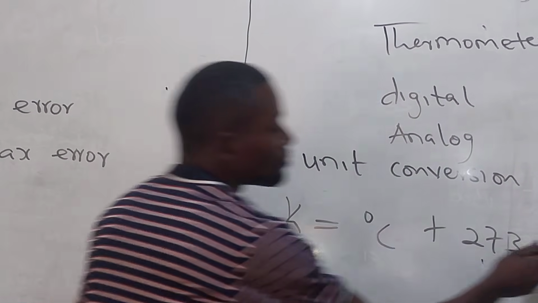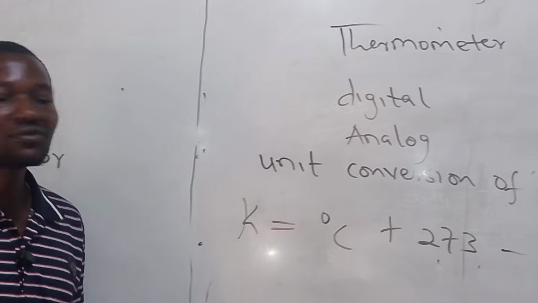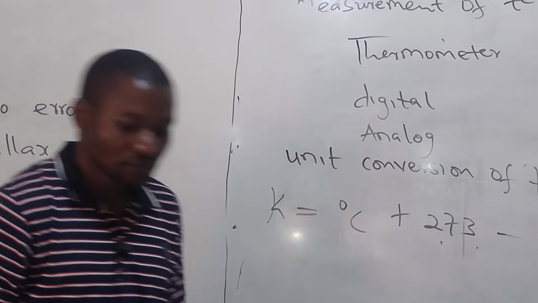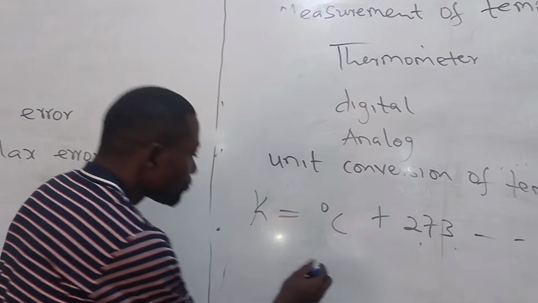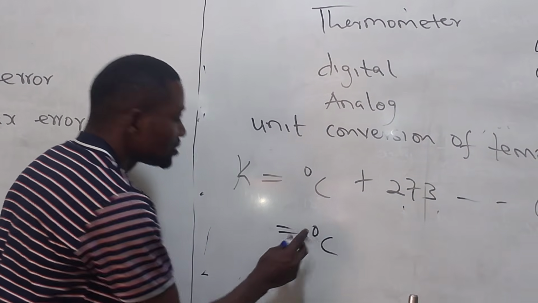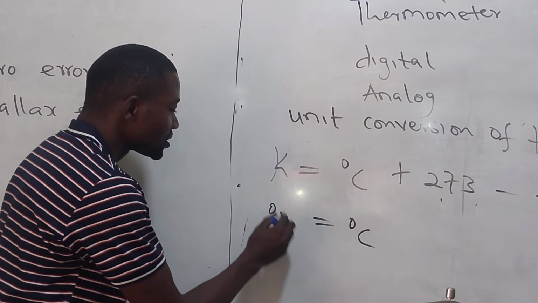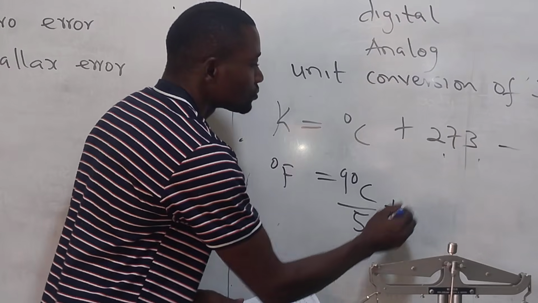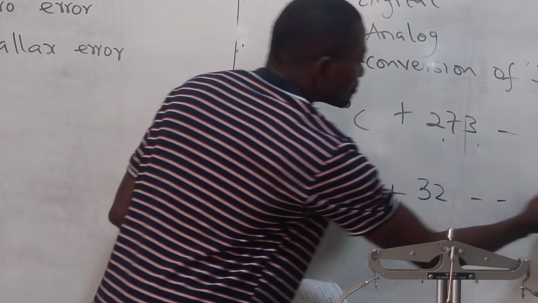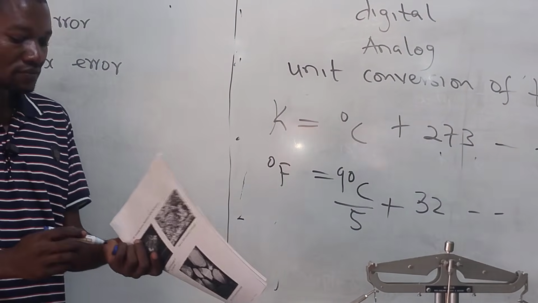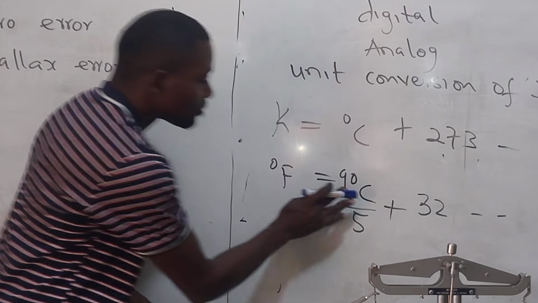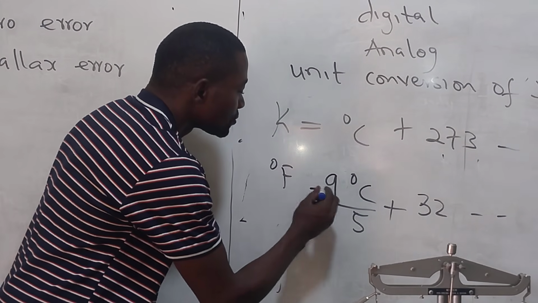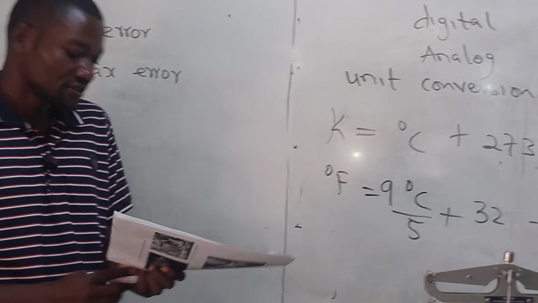So we use equation 1 to convert temperature in degrees Celsius to Kelvin. Also, if you want to convert temperature in degree Celsius to degree Fahrenheit, this is the formula that can be used. We use equation 2 to convert temperature from degree Celsius to degree Fahrenheit.